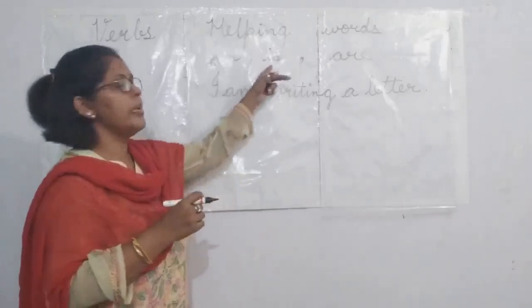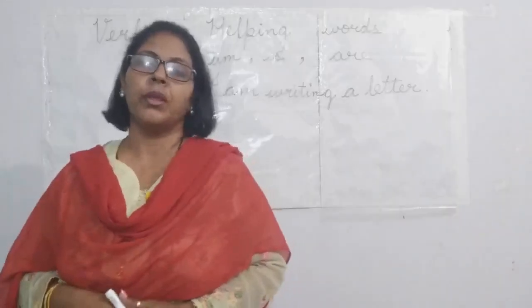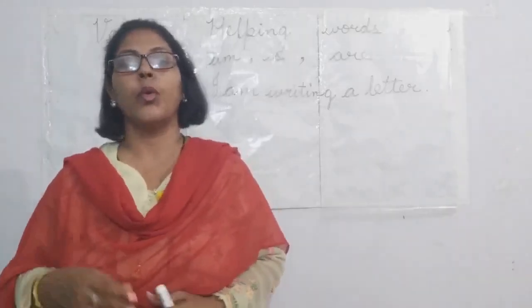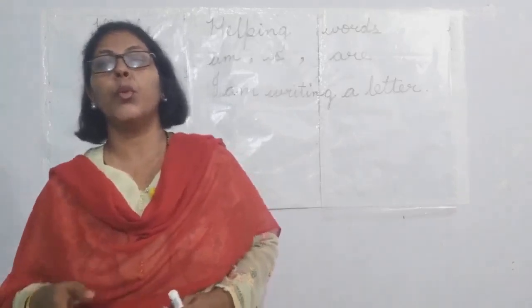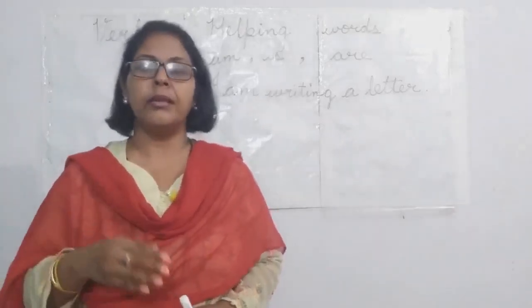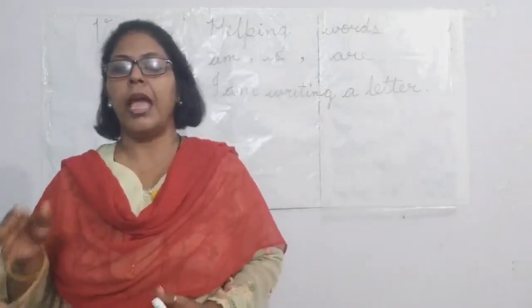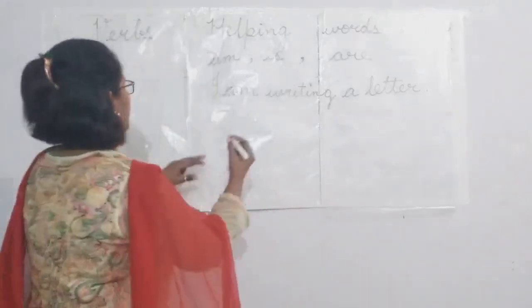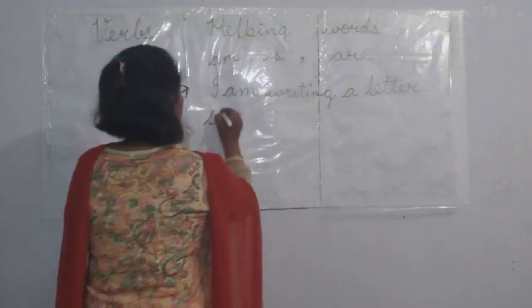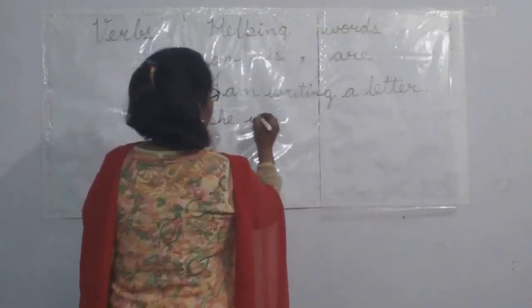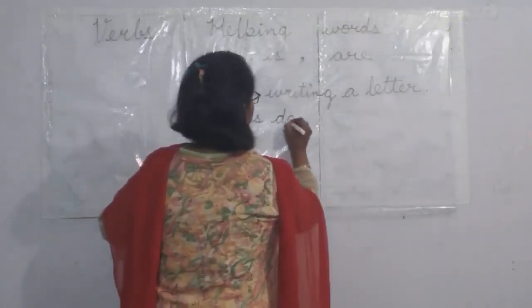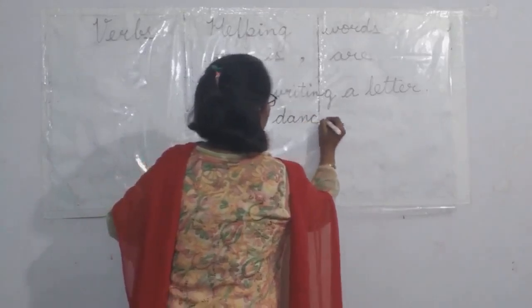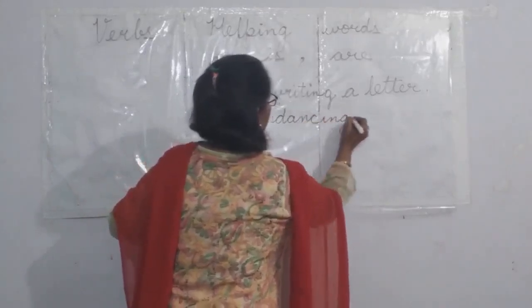Then is. Next one. We use is with the pronouns he, she, it, and also with singular nouns. So, she is dancing.